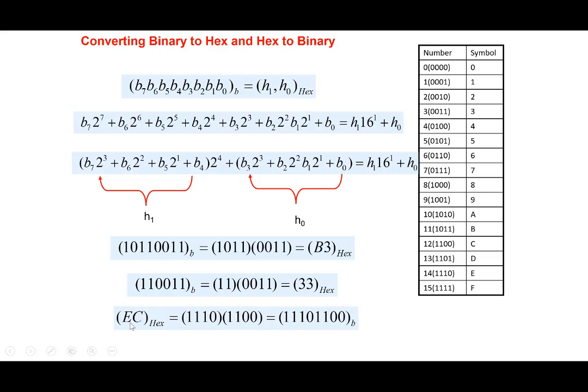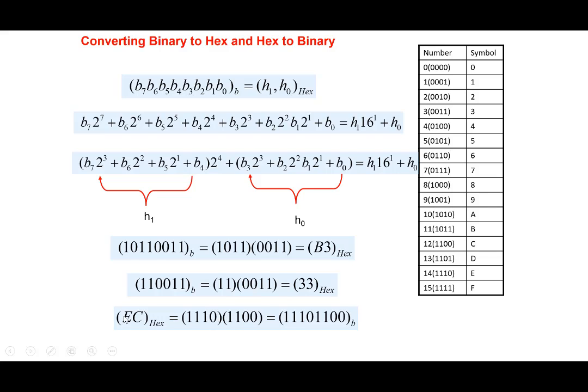And what about converting a hex number back to a binary number? Well, for example, E is nothing but 1110, so you write it as 1110 here. And C is 12, 1100 here.